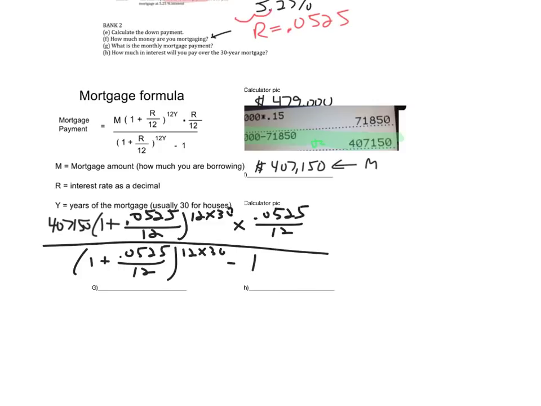away 1. Take a minute, enter that expression into your calculator, and figure out what the monthly payment is going to be for Bank 2.